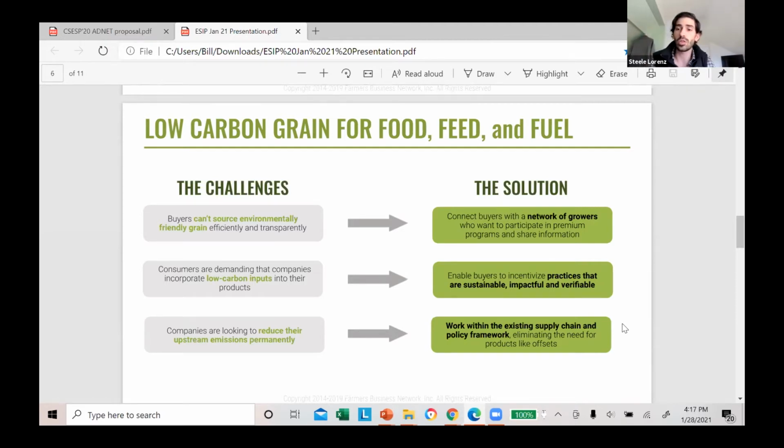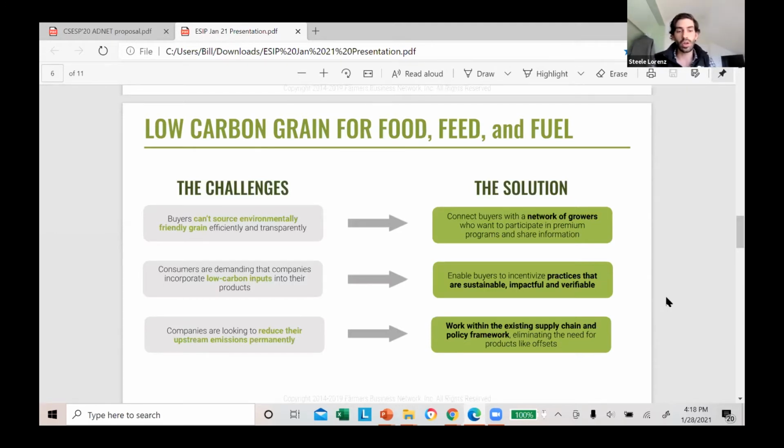So the ability to provide incentives to growers based on hitting certain environmental scores, a certain carbon intensity score, for example, in the biofuel space, we can provide premiums and incentivize those programs with that level of technology that we have.